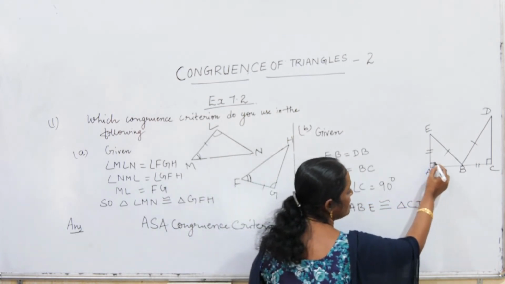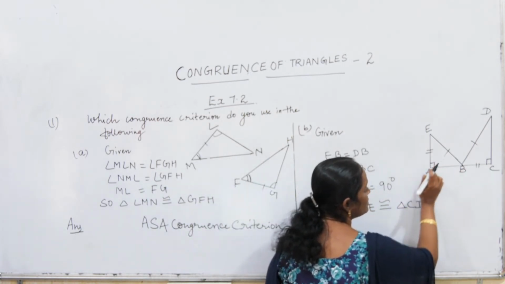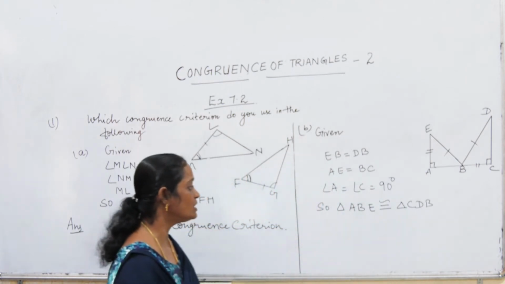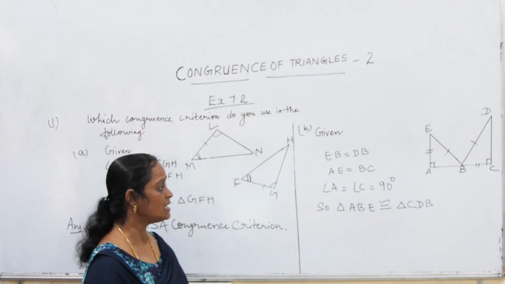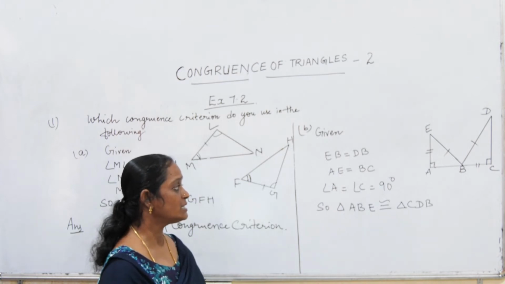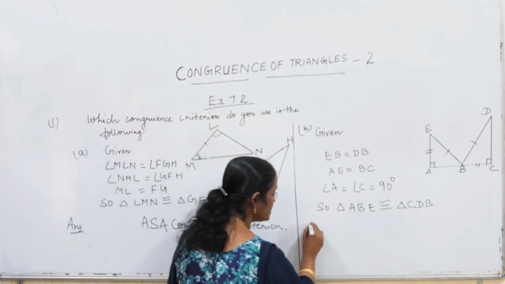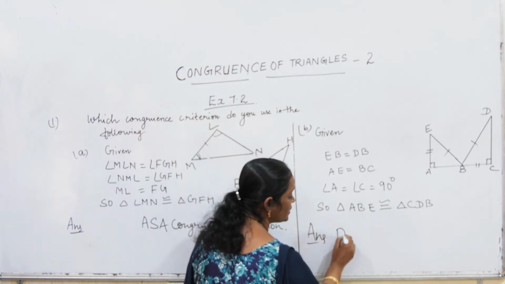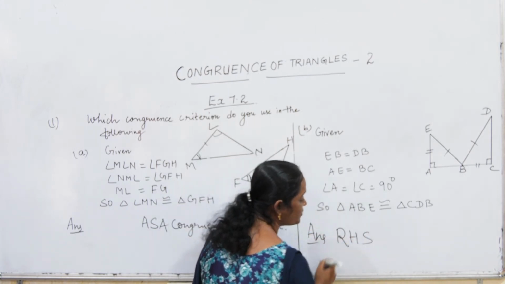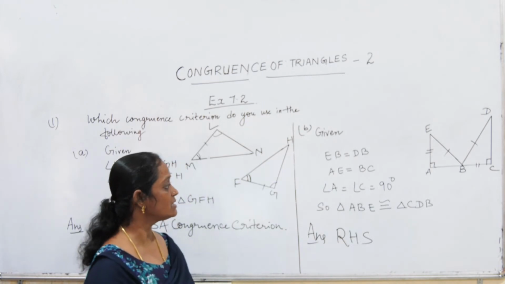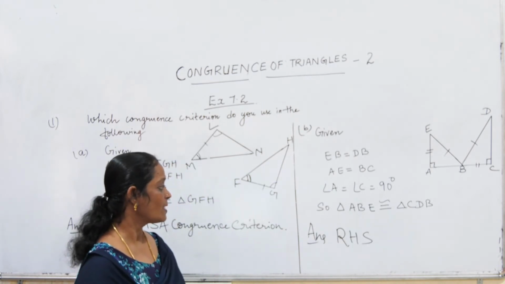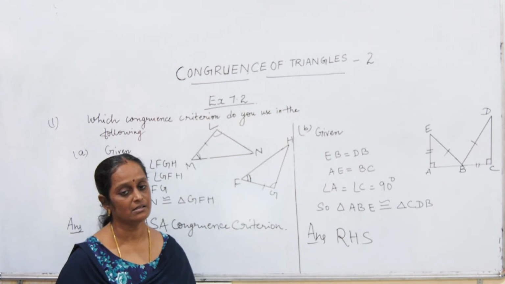This angle A and angle C are equal and they are equal to 90 degrees. So triangle ABE is congruent to triangle CDB by which criteria? So the answer is here RHS congruence criteria, right angle hypotenuse side. RHS congruence criteria के अंदर जो है दोनों triangle congruent.